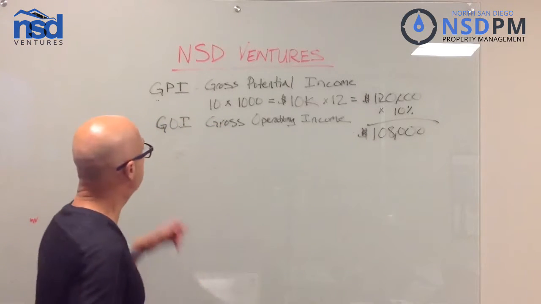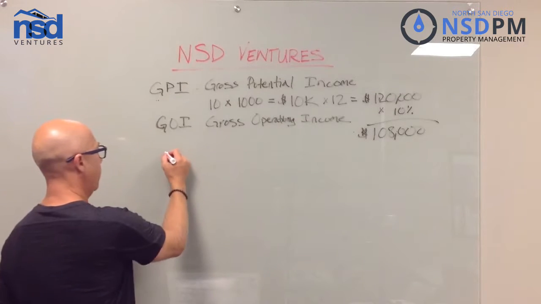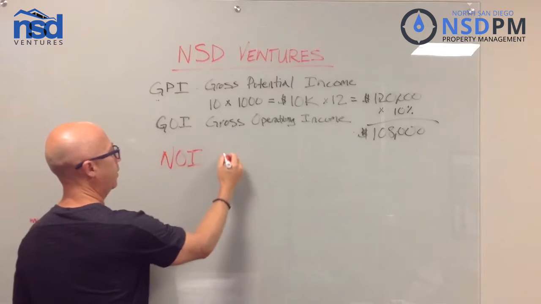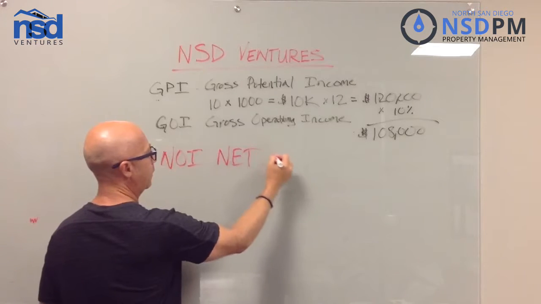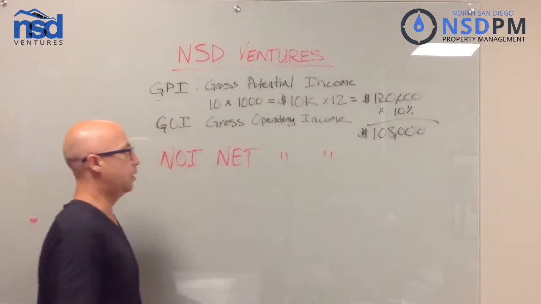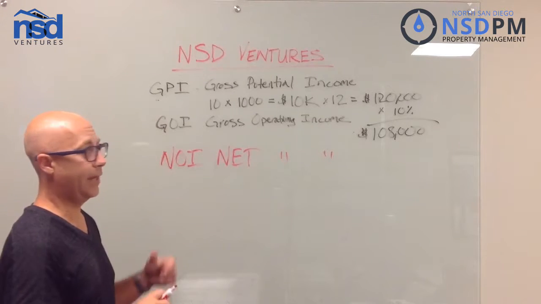Alright, so we've talked about GPI, GOI. Let's go ahead and go with NOI. Alright, the only change on here is it's the net operating income, right? You're going to see this everywhere, so you need to know what this number is and how to get it.